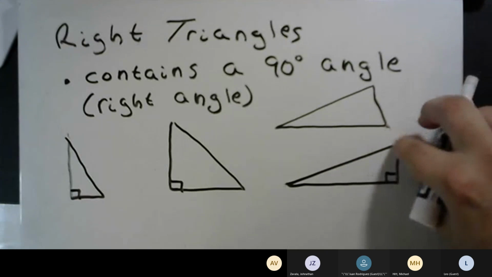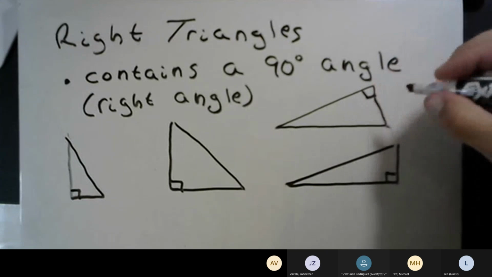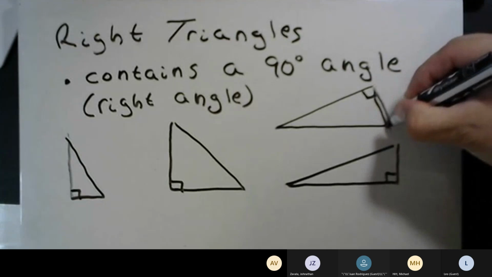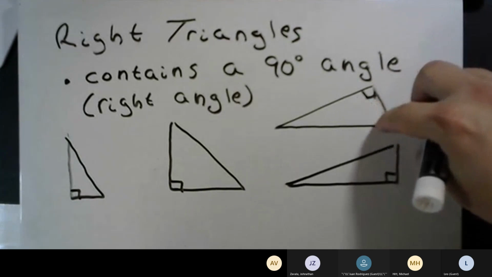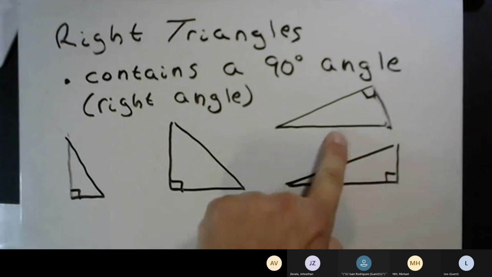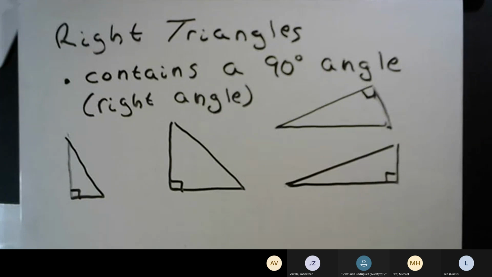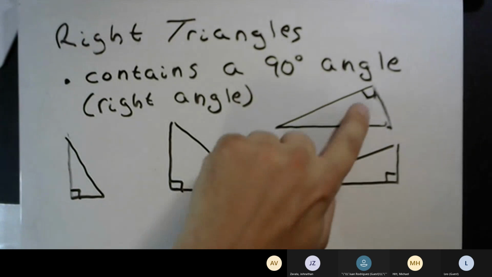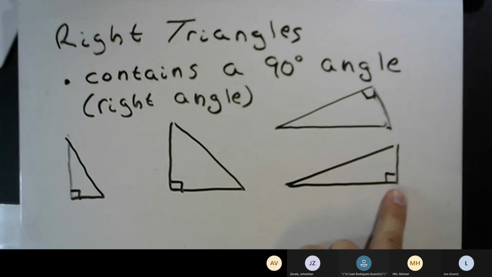They might play around with them a little bit and they'll tip it over, so to speak. Might take this one and knock it over and get something like that. But they all contain this little symbol that says we have a 90-degree angle in here.